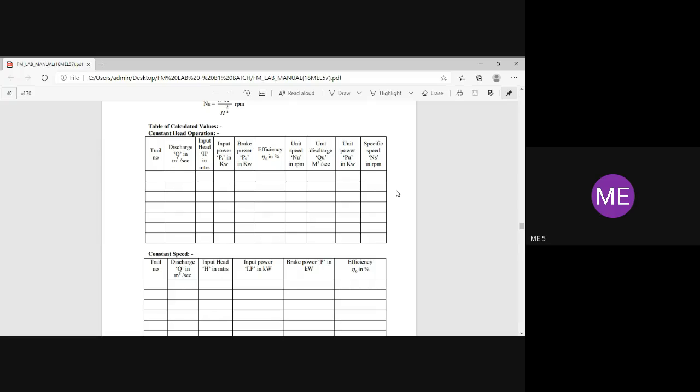I think you might have done the derivation on specific speed in case of turbine in the first chapter of turbo machines. You are going to find out all the parameters. First you write down the tabular column, second you write down the constant head operation, only the first table. Don't write the second table because the second table is related to the constant speed operation. First one I am giving is constant head operation.